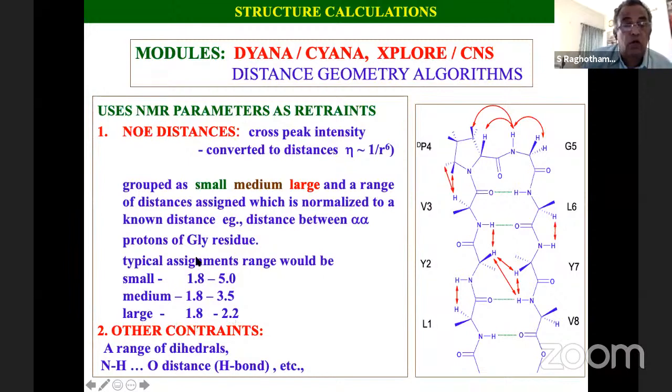The lower limit is always the Van der Waals distance. It always remains 1.8. It's only the upper distance which we have to worry about. So if it is a large NOE, you constrain it to less than 2.2. If it is a small NOE, you constrain it to the maximum value possible, that is 5 angstrom. If it is in between, you constrain it to 3.5. This is the crude classification.